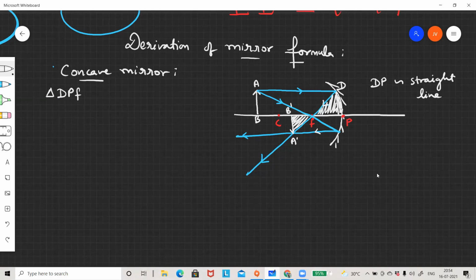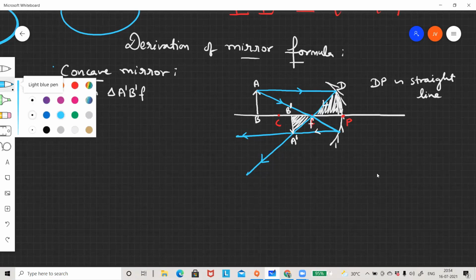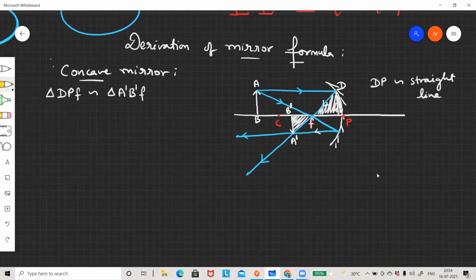Okay, so now the first triangle DPF is similar to triangle A prime B prime F. Okay, so this is A prime, this is B prime, and F. How are the two triangles similar? The two triangles are similar by the angle-angle similarity criterion. So you see, vertically opposite angles are equal.